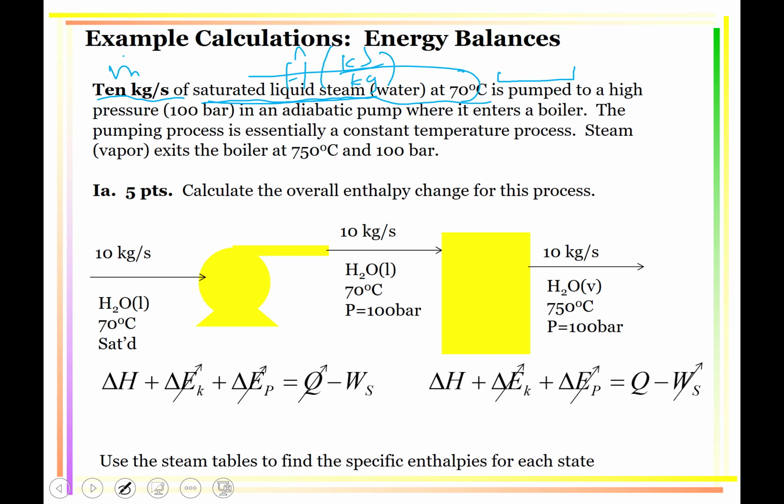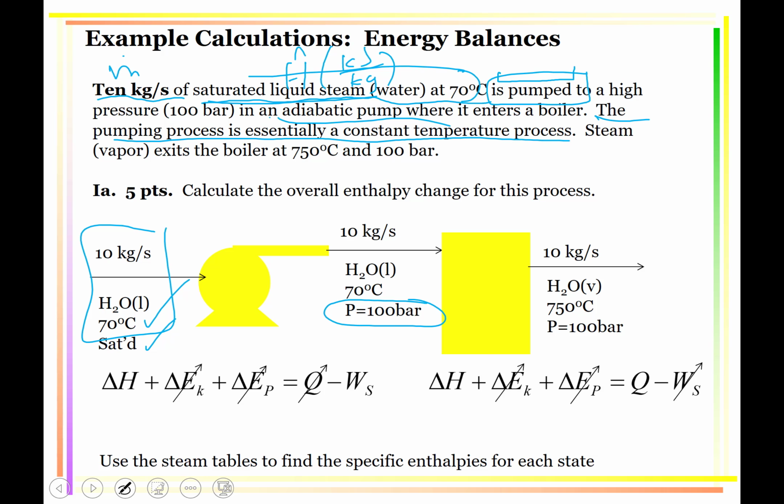This is now leading us to what's happening to that steam. The inlet steam, 10 kilograms per second, 70 degrees C saturated, is pumped to a high pressure of 100 bar in an adiabatic pump where it enters a boiler. The pumping process is essentially constant temperature.